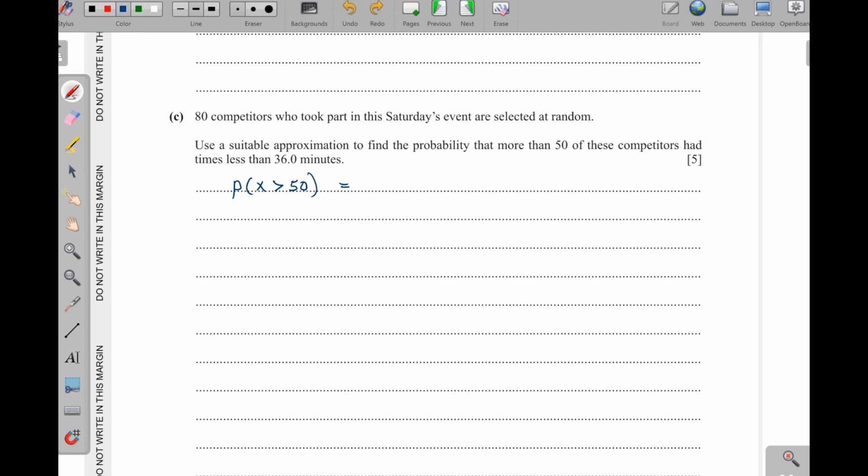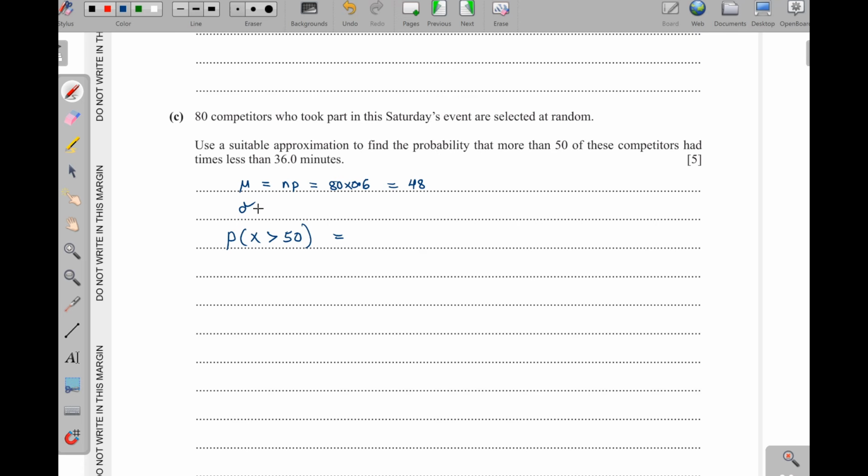Now, what we are going to do here, we approximate the binomial to the normal distribution. But for the normal distribution, we need the mean, okay? So mean is equal to np. Our n is 80, and then the p is 0.6. It was given as 60%. 80 times 0.6, that is 48, okay?